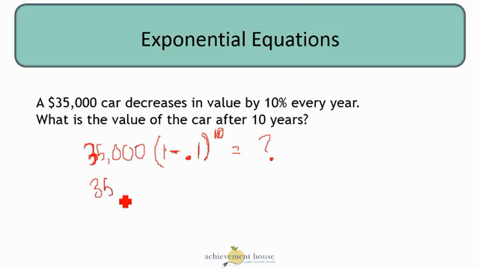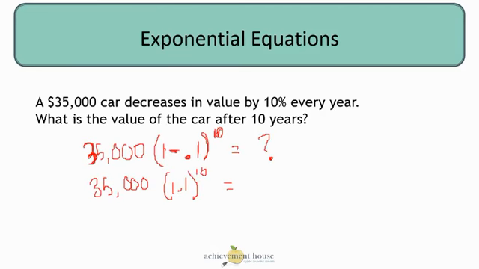So, 35,000 times 1.1 to the 10th power. I'm sorry, I didn't realize this, but I didn't subtract, I added. Made a little tiny error there. So it should be 1 minus 0.1, therefore 0.9. And if I do that calculation, 12,203.745.